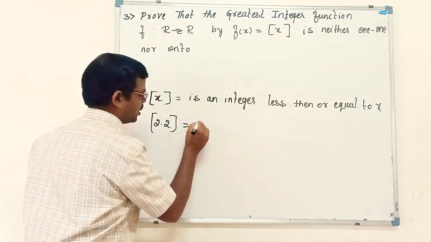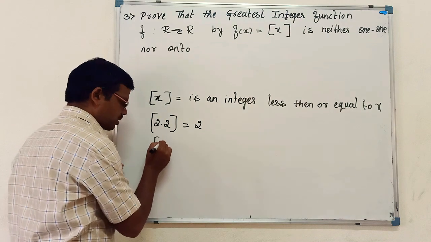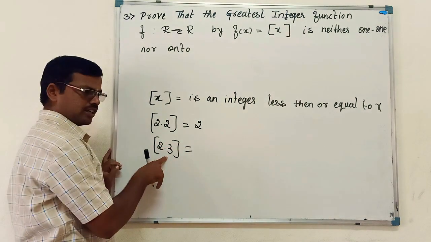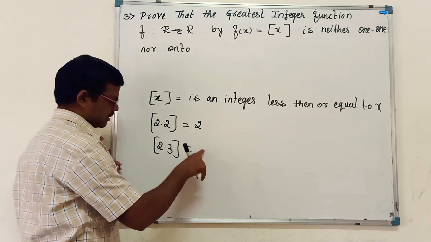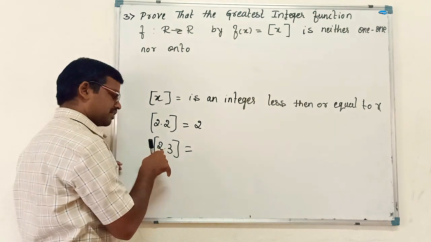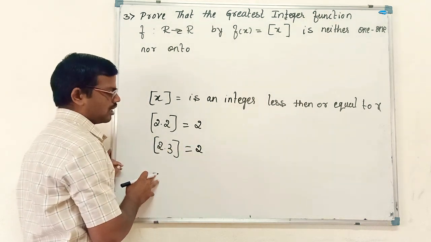So its image is 2. If we take 2.3, which is an integer less than 2.3? That is again 2.